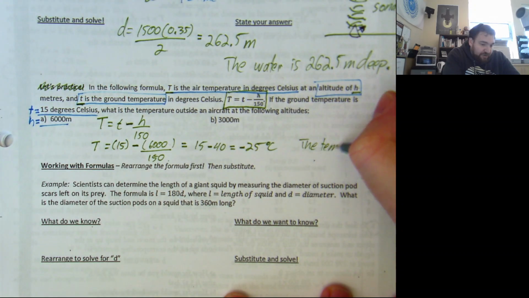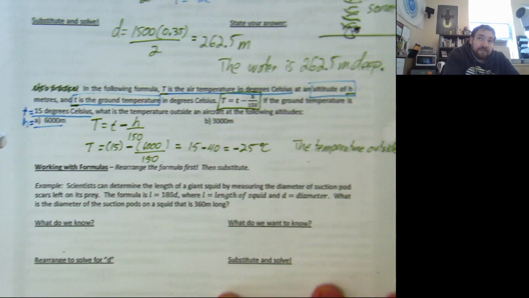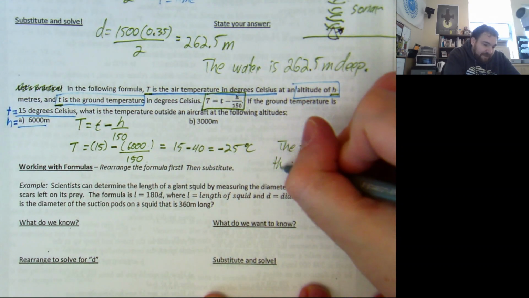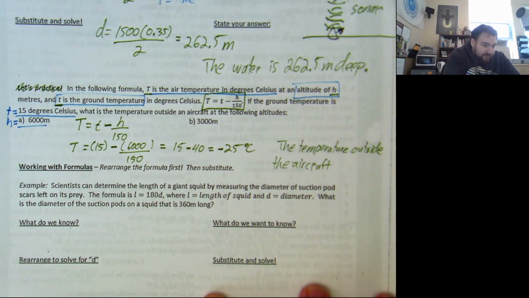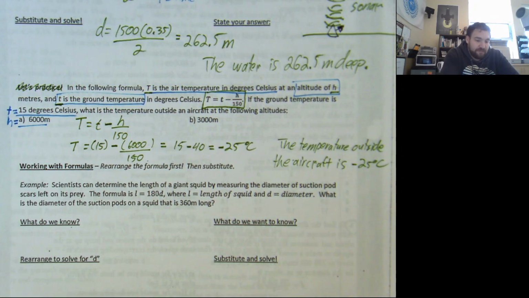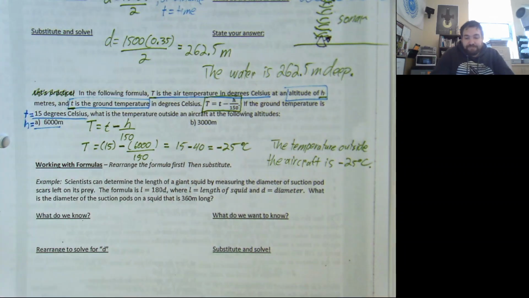The temperature outside the aircraft is negative 25 degrees Celsius. There you go. Let's do one more.